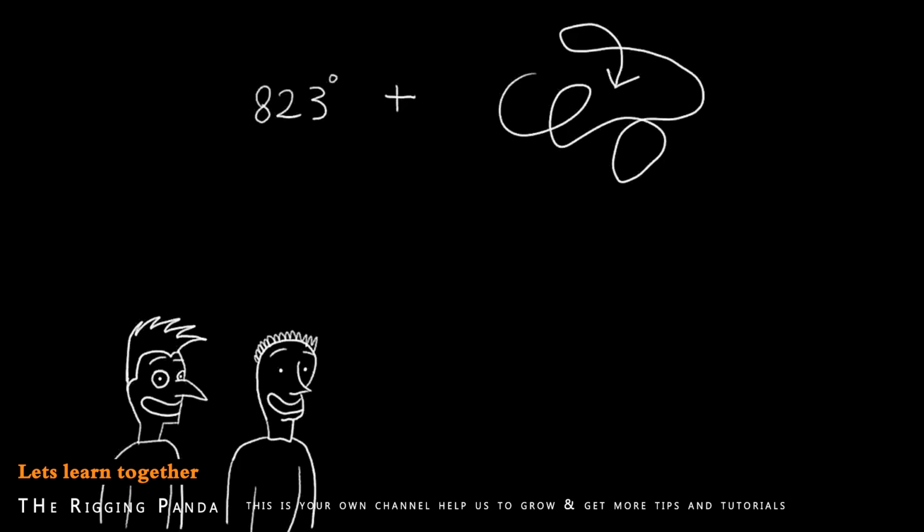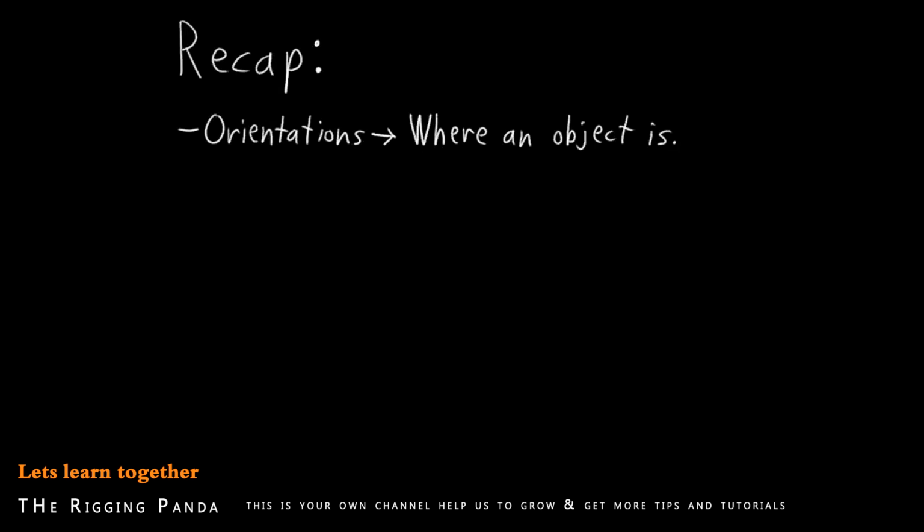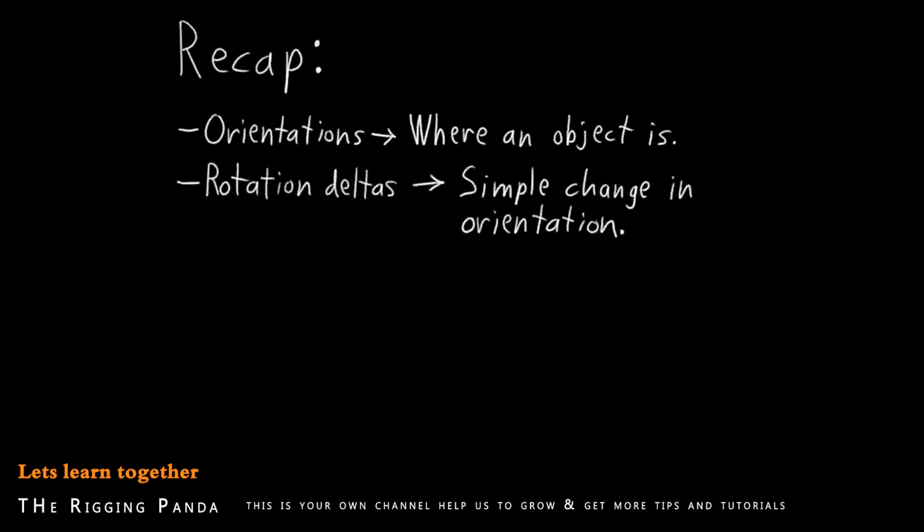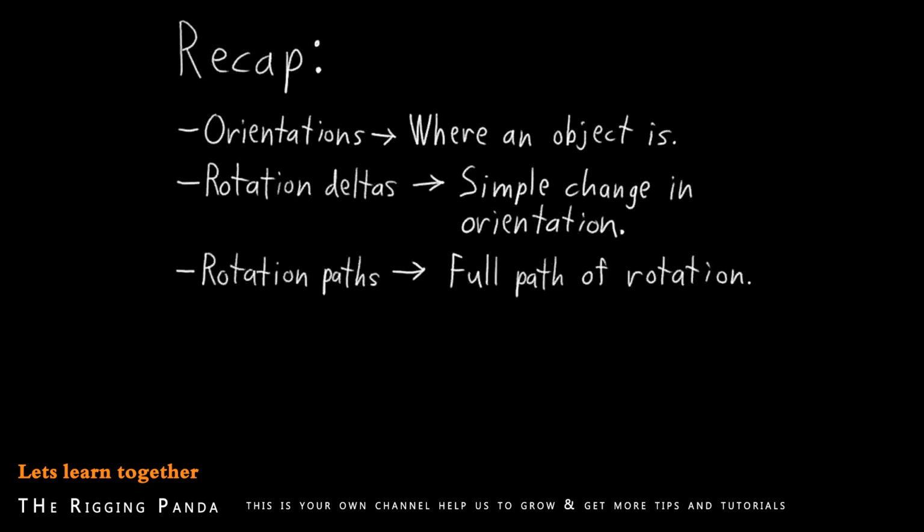But for 3D rotations in general, it's not always possible. So, to recap, orientations are where an object is. Rotation deltas are a simple difference or change in orientation, and rotation paths are a full recorded path of how an object rotated to where it is.